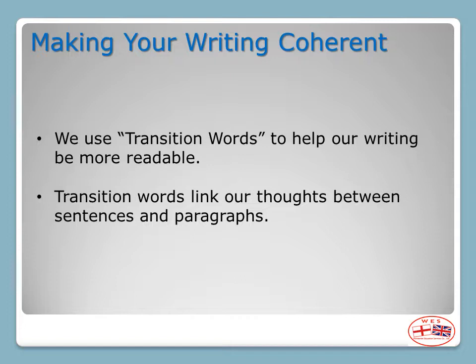They tell the reader where we are going in our thoughts. They can go mid-sentence, at the end of sentences, at the beginning of sentences. They link ideas. So we'll be going through a list of these transition words, and hopefully they will improve your writing.